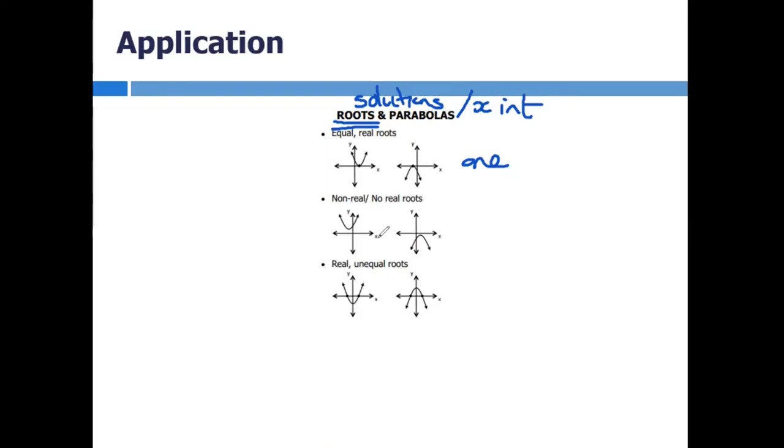If it doesn't touch the x-axis and it carries on up above here, there's no x-intercepts, and otherwise you will have 2 x-intercepts. So knowing the shapes of your graphs helps with this when they're asking about roots or x-intercepts or solutions. Understanding your shape is important there.